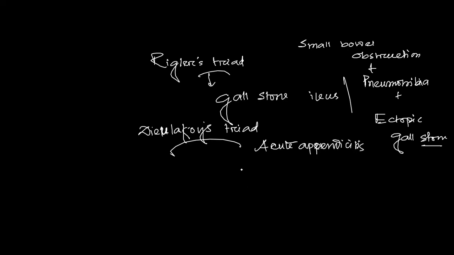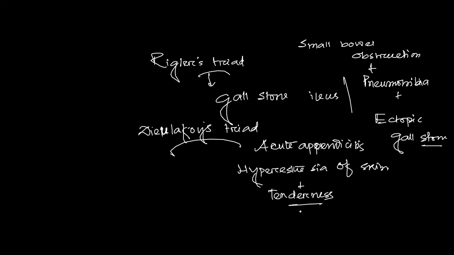So, what will be the three important components? First one is you will get hyperesthesia of the skin. You will get tenderness, obviously in the right iliac portion. And third one is you will get guarding over the McBurney's point.